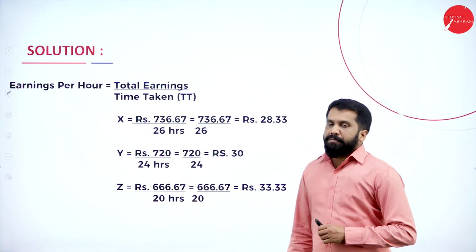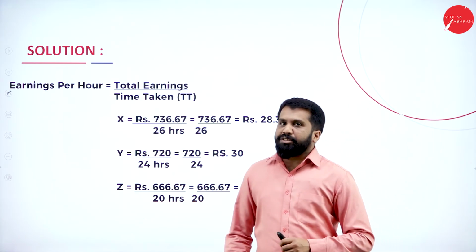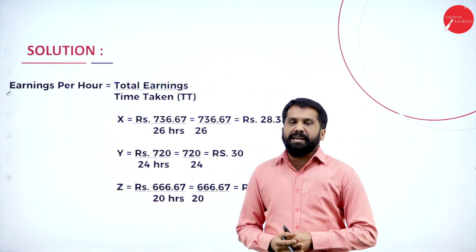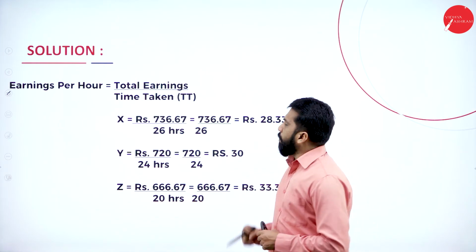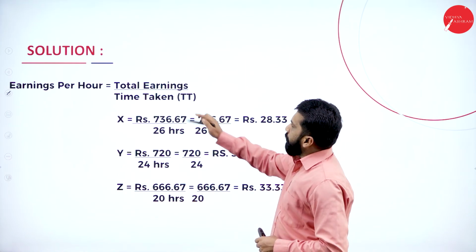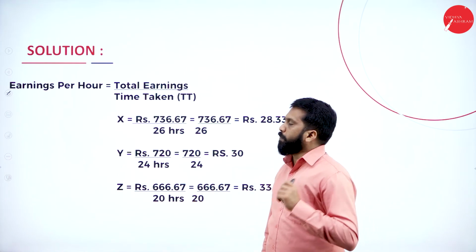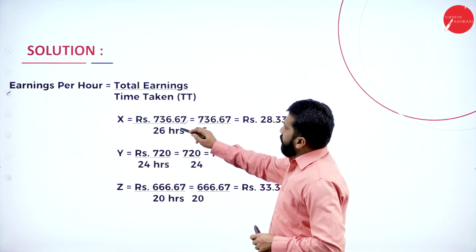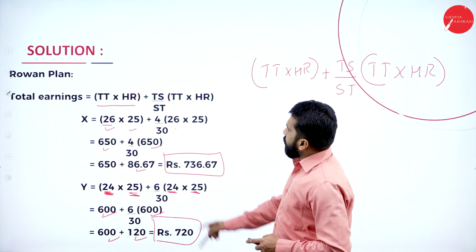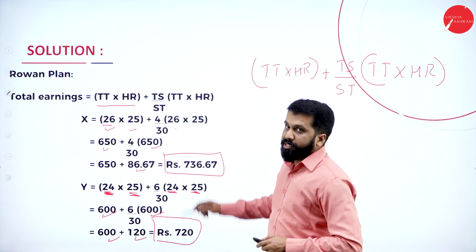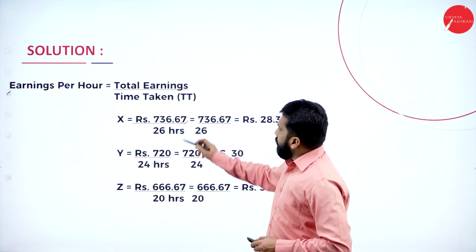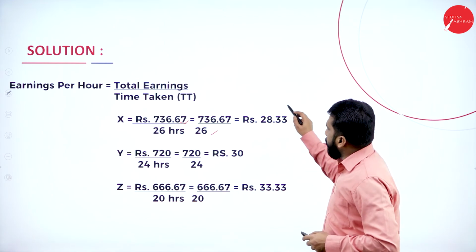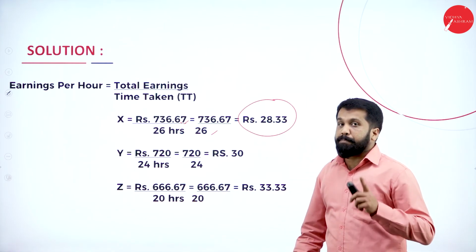So now once you're done with your row 1 plan, what is next? The next part is to calculate the earning per hour. How to calculate? Total earning divided by time taken. Your total earning, I'll go back to this, is 736.67. 736.67 divided by 26 hours, your answer is 28.33 per hour.